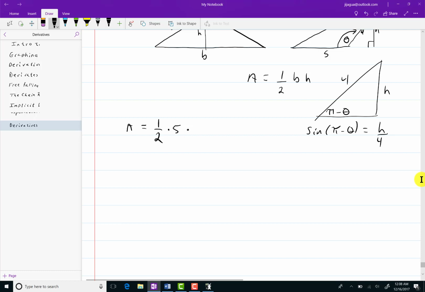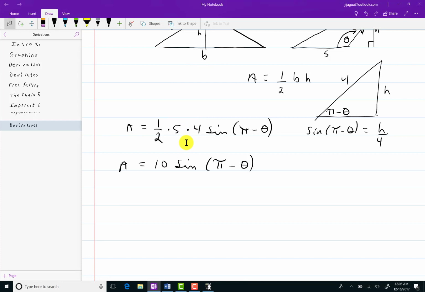So in fact, where I have an h here, I can change that to 4 sine of pi minus theta. Now this is nice. Now I've connected theta to A, and that's exactly the relationship that I need. Let me simplify a little bit. A equals 10 times sine pi minus theta.